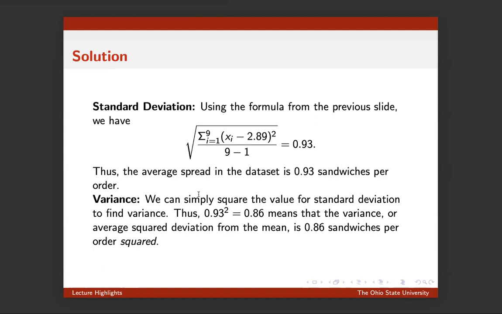And for variance, we can just square this value, since that's how you go from standard deviation to variance. The only difference after squaring is that we have to square the units as well. So we're working with 0.86 sandwiches per order squared as our variance.